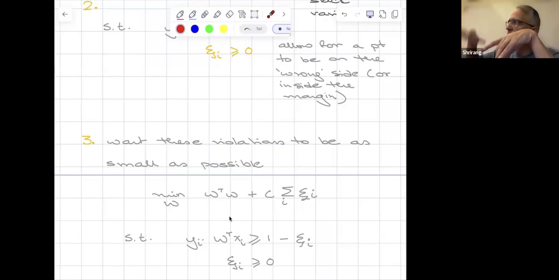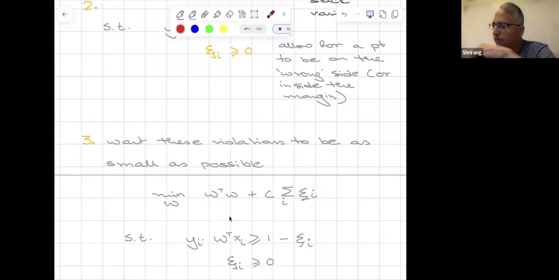So I want to make that as low as possible as well. I'm going to allow very few points to have a positive psi. Ideally, I would want all of them to be 0, but in case they are not 0, I want to minimize the ones that are not 0.